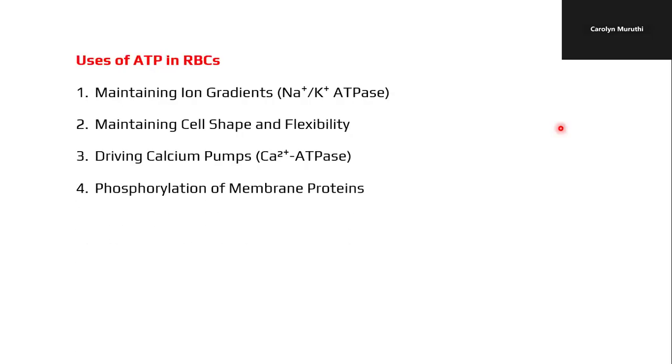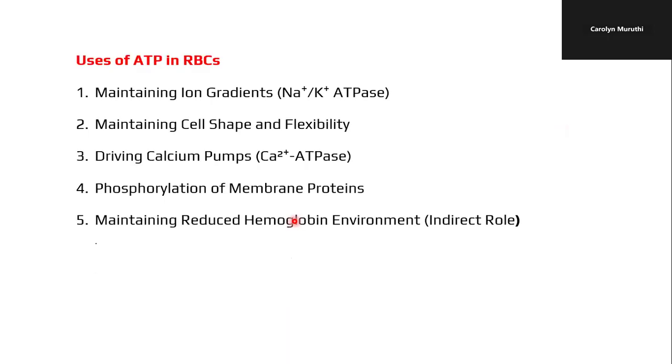In phosphorylation of membrane proteins, we see that ATP is required for kinases that phosphorylate spectrin and other cytoskeletal proteins, and this helps regulate erythrocyte deformability and membrane stability. And finally, though an indirect role, ATP fuels the metabolic processes that keep hemoglobin in a functional state and prevent premature hemolysis.